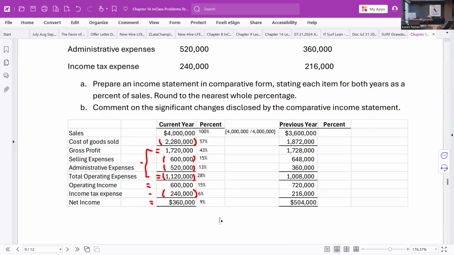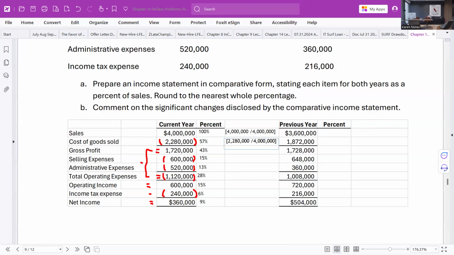So all we're doing is expressing each line item as a percent of our sales. We take that 2,280,000 and divide by 4 million. That's 57% of sales.